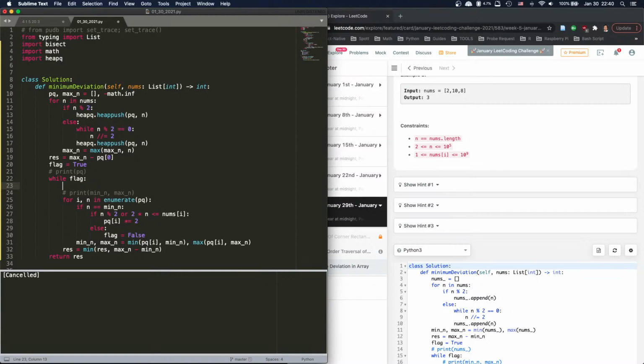If we can, we multiply it by 2 and push it in, and then we pop the next one out, and it's still the current min value. So every time we keep popping out the current min value and see if we can multiply by 2.